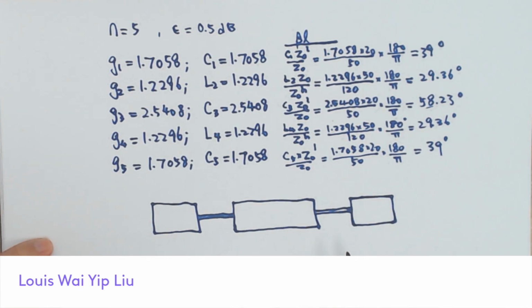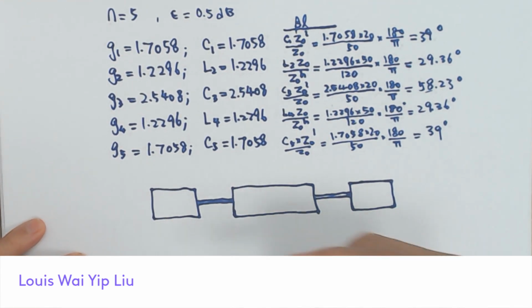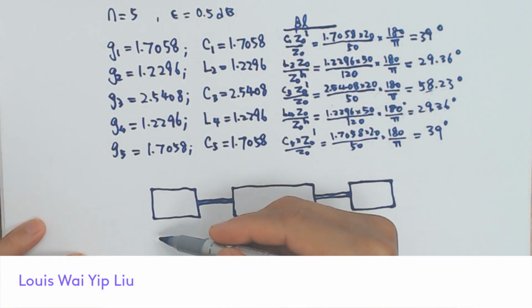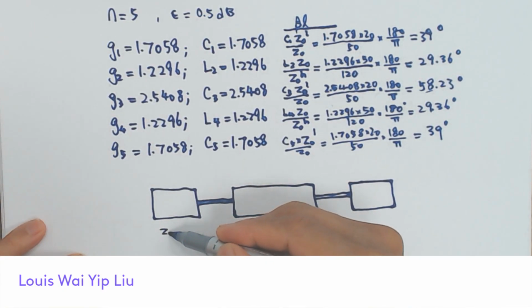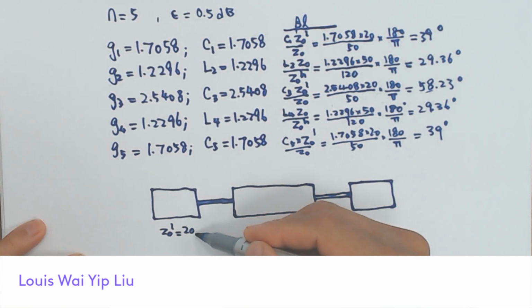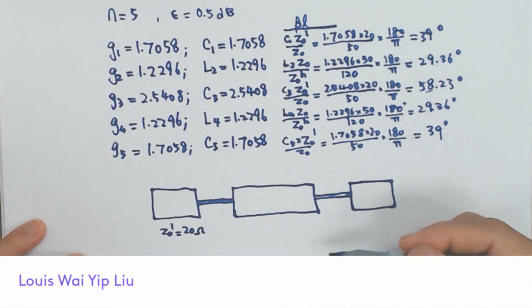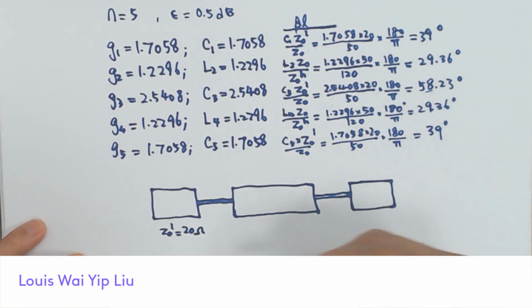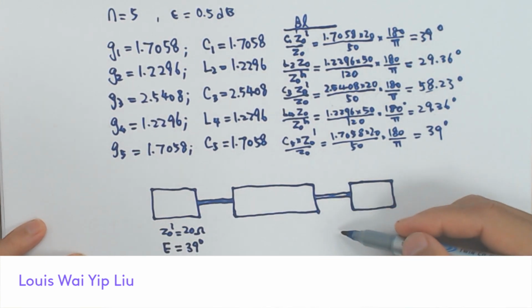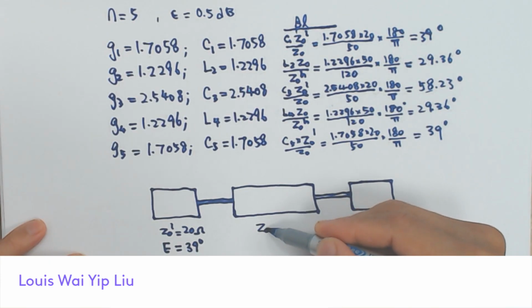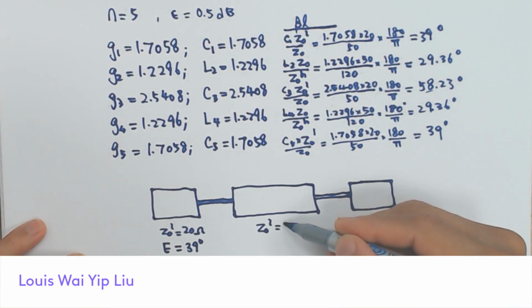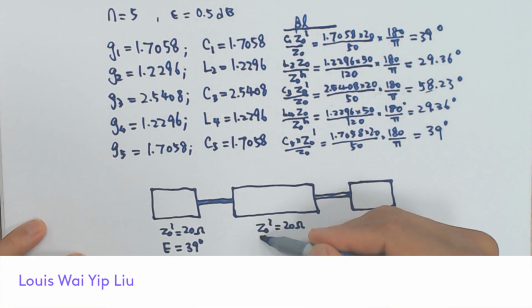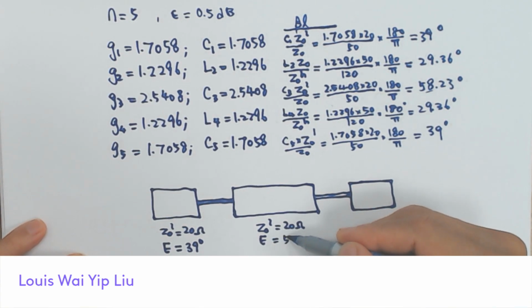Here I will just say the low Z is 20 ohm. The electrical degree here is 39 degrees. This one, again, the same. The electrical degree is 58.